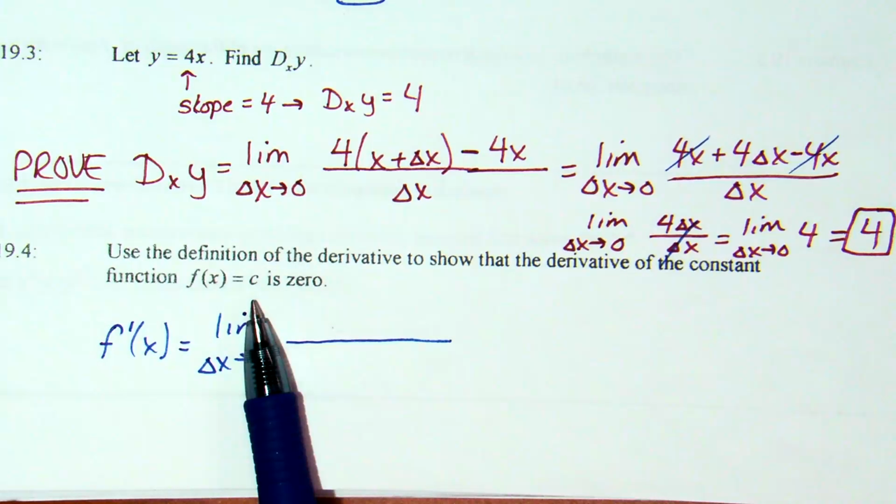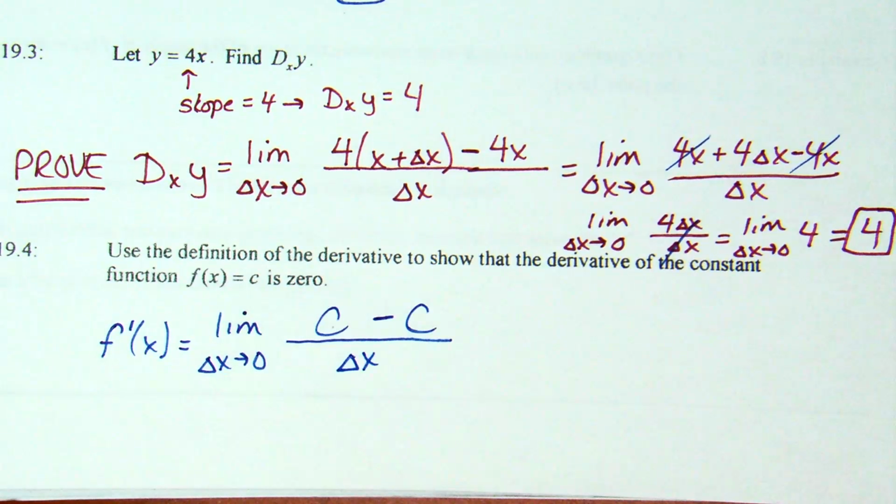What is my function? My function is c. Do I even have an x in here? No, so there's no place to replace it with x plus delta x, so that's just c. Minus f of x. What's f of x? C. All over delta x.